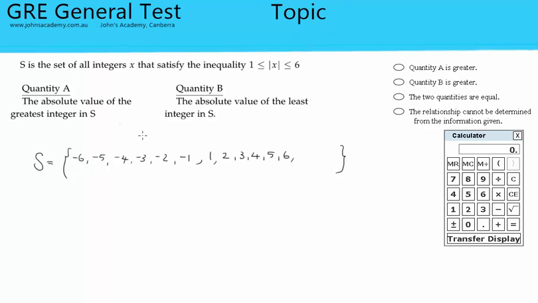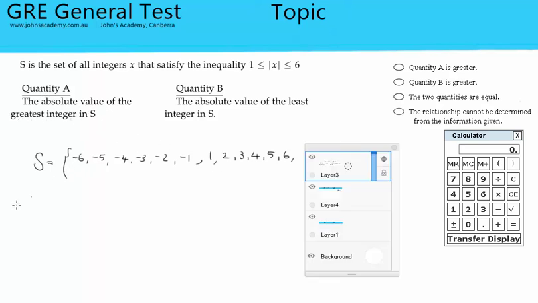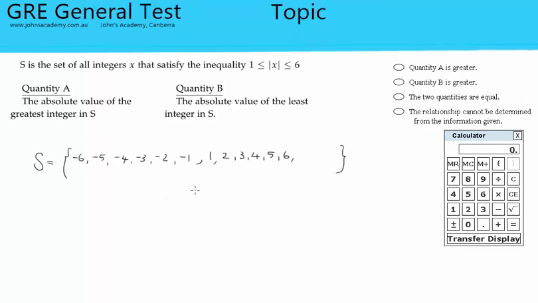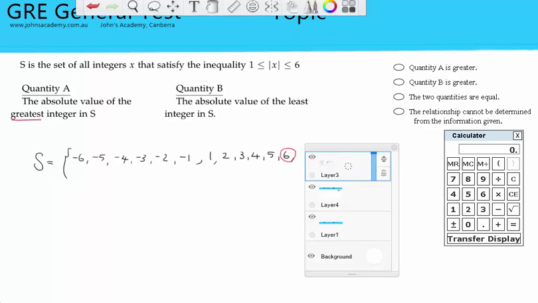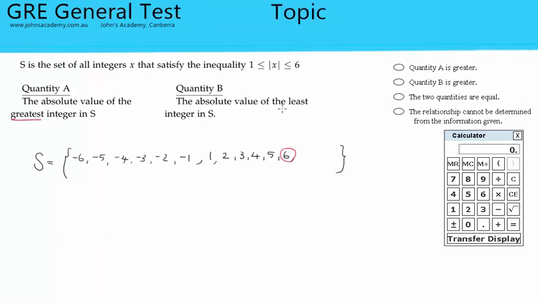So let's have a look at the greatest integer in S. So the greatest integer is 6. Okay, so that's the greatest. And what's the least integer in this case? The least integer is negative 6. So what is the absolute value of the least integer in S?